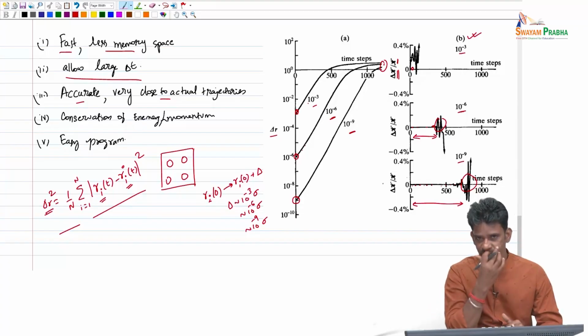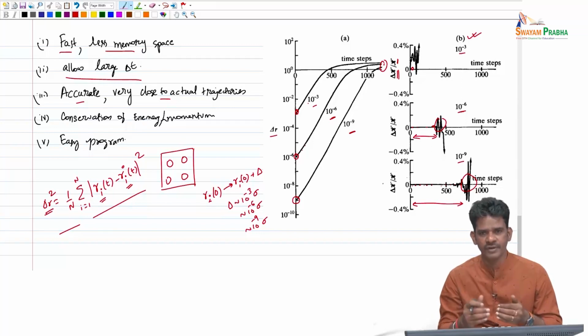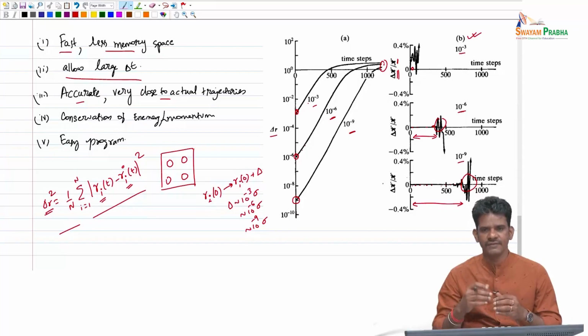So, what all this means is that when we do MD simulations, we are using finite difference, and in this finite difference we are rounding off numbers, we are approximating higher order terms in terms of delta t. So, at every time step we are making round offs, we are neglecting certain quantities, and all these things will have a consequence in predicting the trajectories.